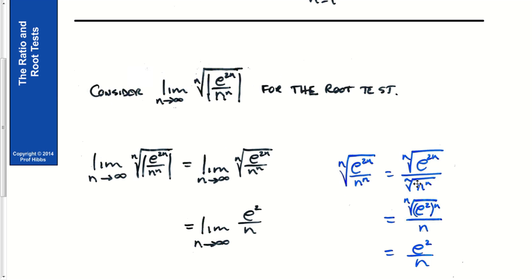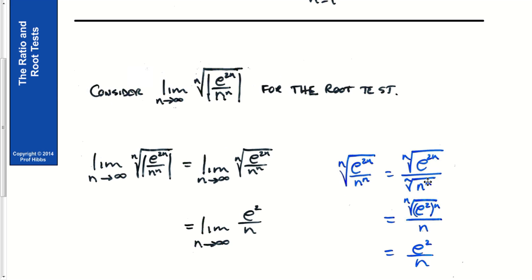And we could actually think of this in several ways. This nth root we could think of as a power of 1 over n. And so we would have e to the power 2n raised to the power 1 over n. 2n times 1 over n is 2, so we could get that. Here we could think of this as the power 1 over n on n to the n power.